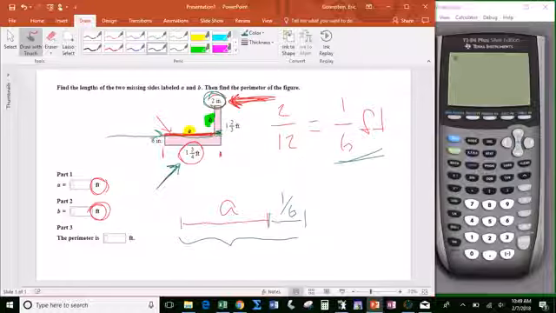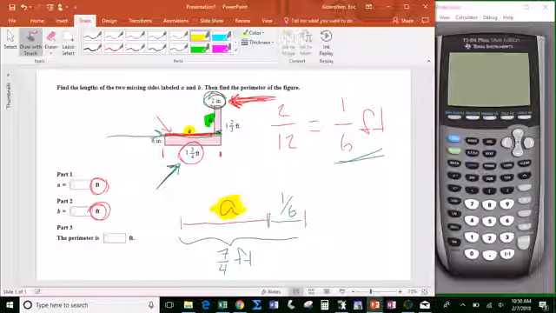Honestly, I don't like mixed numbers. Let's convert that mixed number to a straight-up fraction. 1 3/4: 4 times 1 is 4, plus 3 is 7, so that's 7/4 of a foot. Now what is A? That's the question. We're looking for this guy right here.